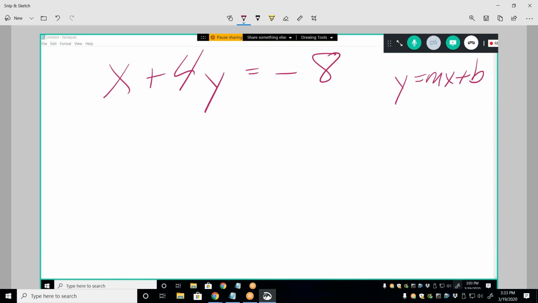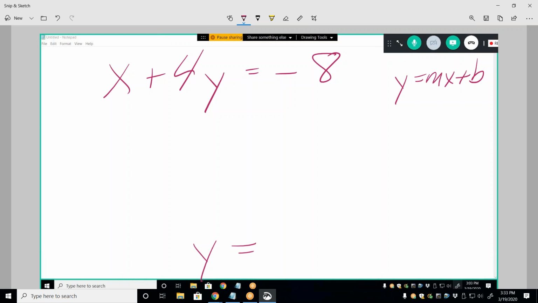So how do I get this into y equals mx plus b format? Still trying to get to the bottom with y equals something. Would you divide by 4?